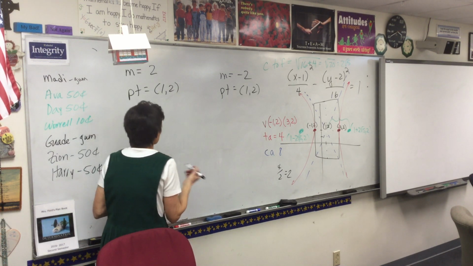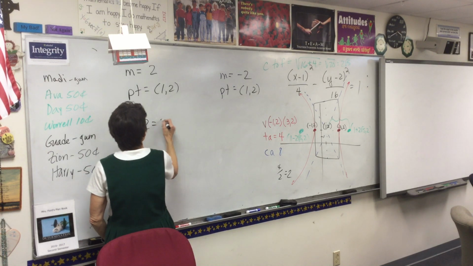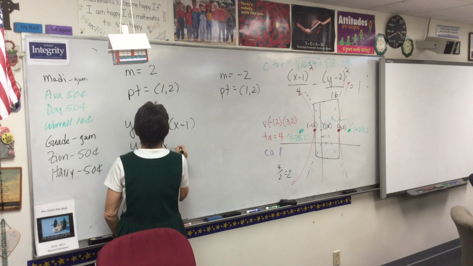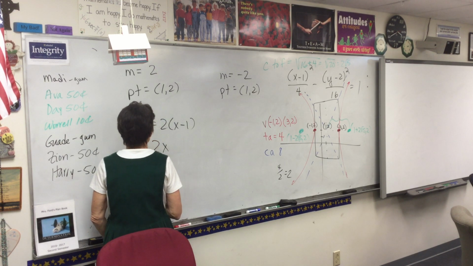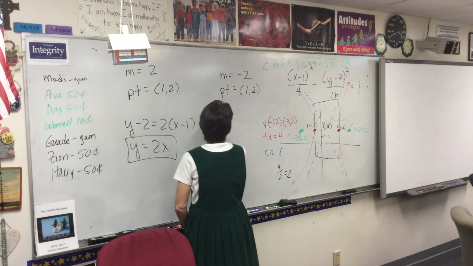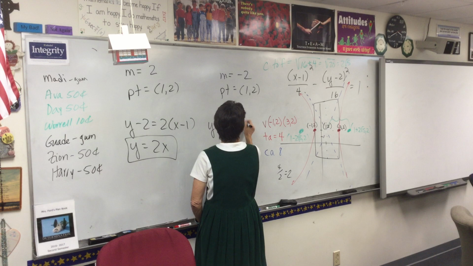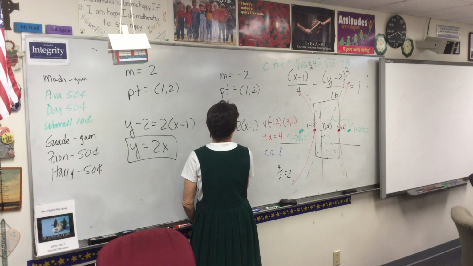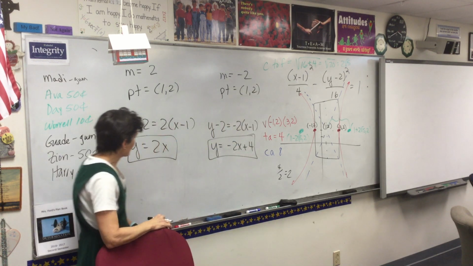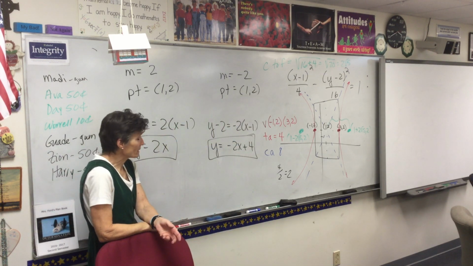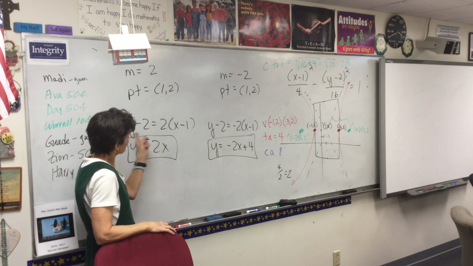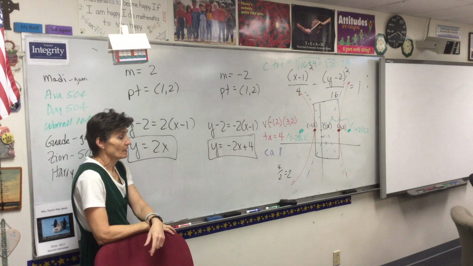I like point slope personally, so y minus 2 equals 2(x minus 1). So there's one of them. And the other one is... there are the two equations that you're going to come up with, either doing y equals mx plus b or doing the point slope form of the line.